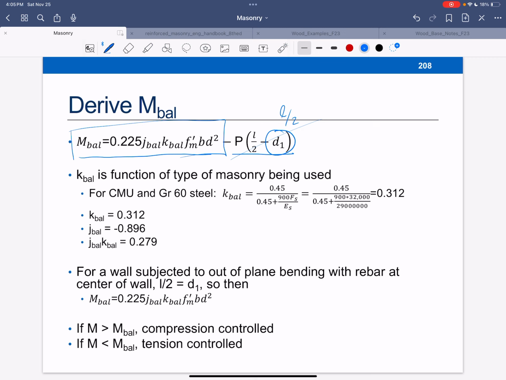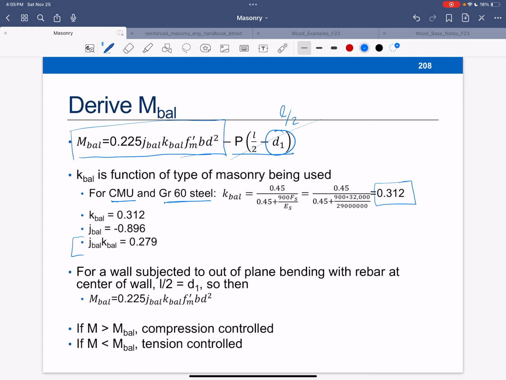I can look up K-balanced, and it depends on the masonry. If I'm using normal CMU block, grade 60 steel, which is pretty much what we're going to use, you can use this value for K-balanced, which comes from the K-balance equation, right? And that also gives us a j-balanced here, and the jk at the balanced section is 0.279.